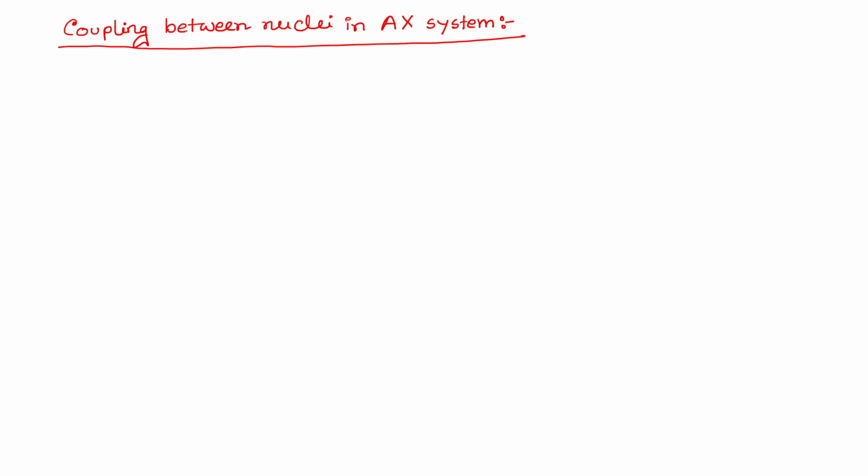By that, what we are trying to say is that the two hydrogens are placed in two different electronic or chemical environments, where the shielding constant for A is much less than the shielding constant of X. Due to that, the effective magnetic field faced by the A nucleus would be much more than for the X nucleus.